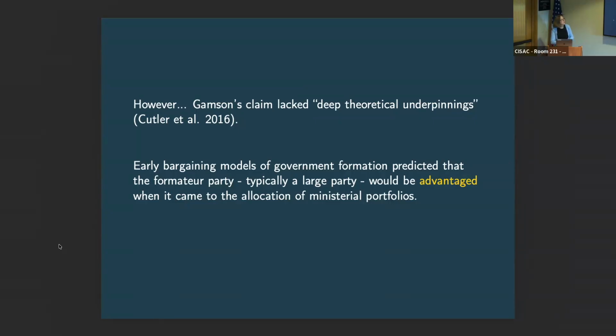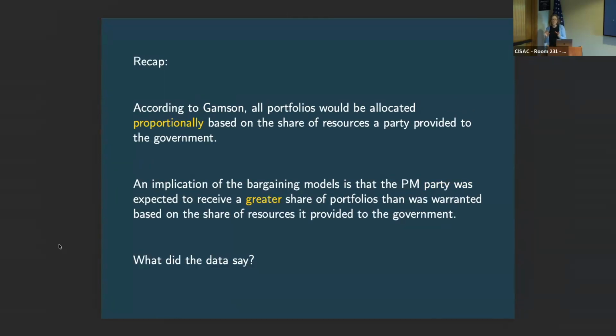The early bargaining models of government formation predicted that the formateur party, which would typically be a large party, the party that is proposing the new government, would end up being advantaged, would get a larger share of the government portfolios than they would get purely based on their own resources. So to recap, according to Gamson, portfolios are going to be allocated proportionally. According to this original set of bargaining models, the prime ministerial party should get more than their fair share.